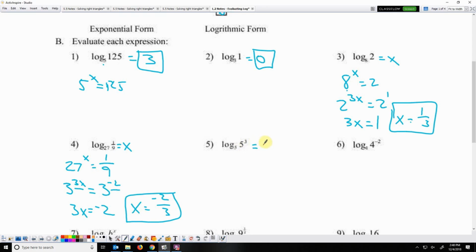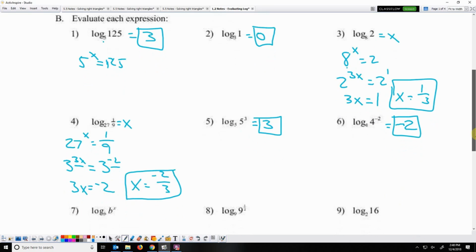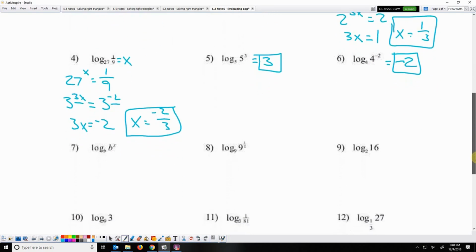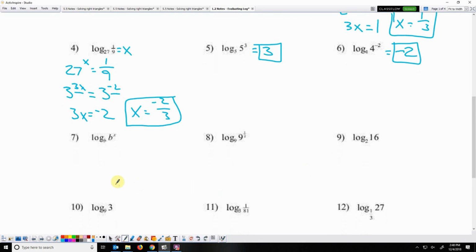That would be 5 to the third power. 4 to what power makes 4 to the -2 power? 4 to the -2 power. B to what power makes b to the x power? B to the x power makes b to the x power.